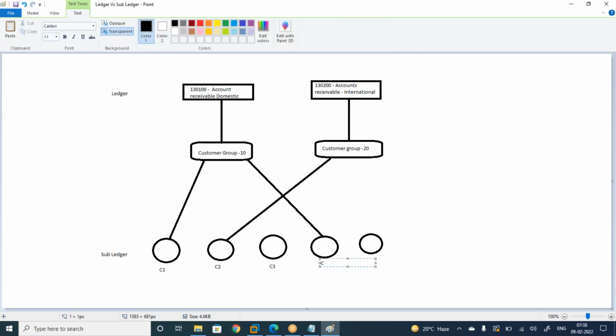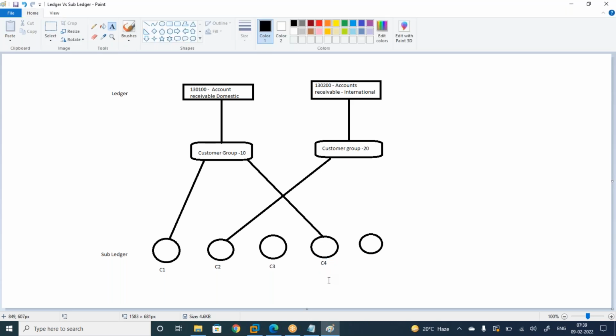I'm just giving C4, C3 like this, but normally we have created 1001 or US001, US002. Customer is linked with customer group. Customer group is linked with the main account.